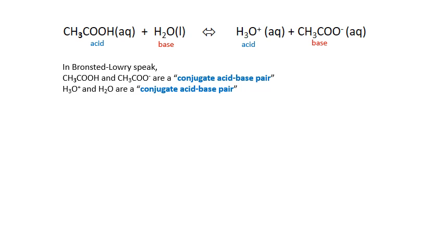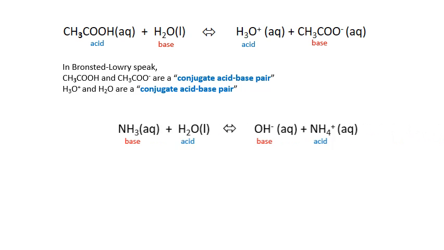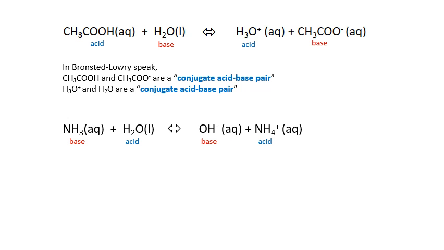We can do the same thing with the ammonia reaction. This we've studied already and looked at in quite some detail. But here now the base is ammonia. It's accepting a proton from water. Water is acting as an acid here. So Bronsted-Lowry acid, water, is donating a proton to the Bronsted-Lowry base, ammonia. And that produces OH- and NH4+.